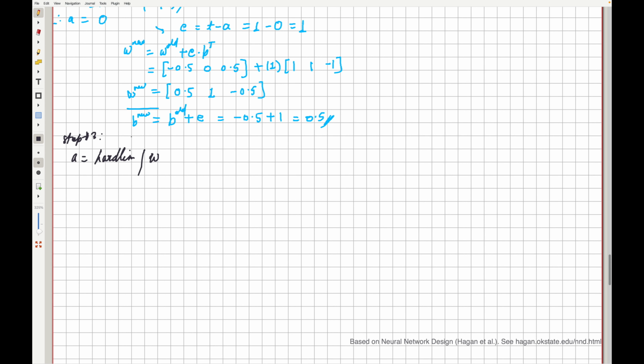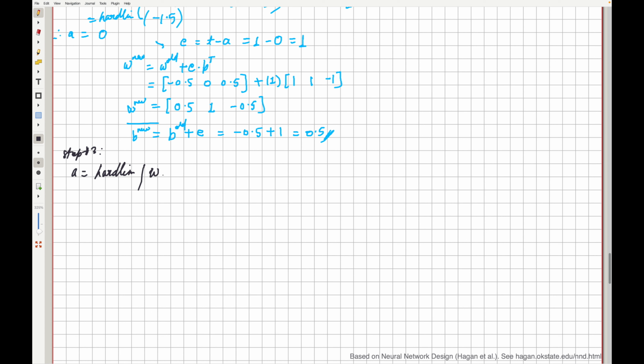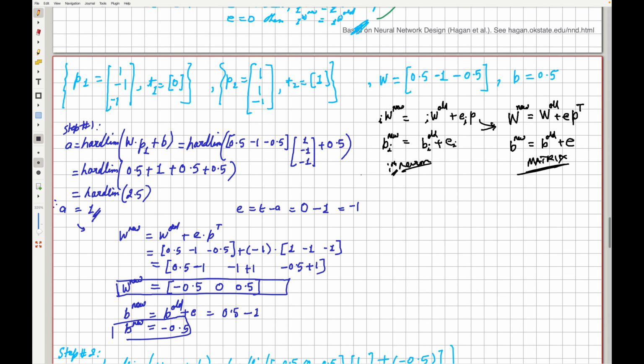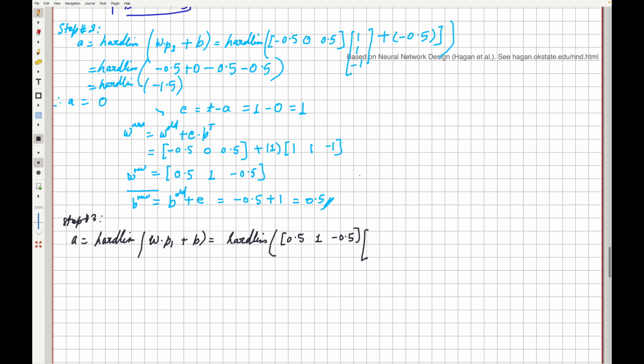W dot p1 plus b is equal to hardlim, and the weight matrix is 0.5, 1, minus 0.5, the value for p1, which is the first data point, is 1, minus 1, minus 1.